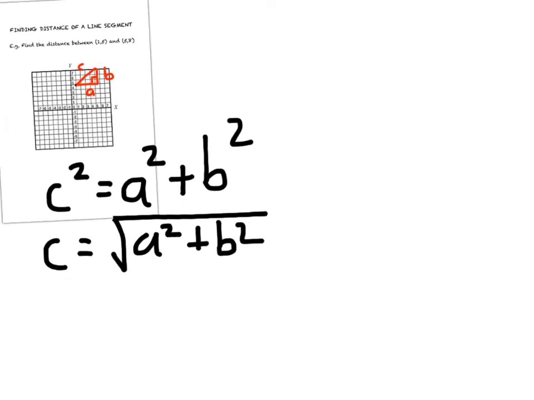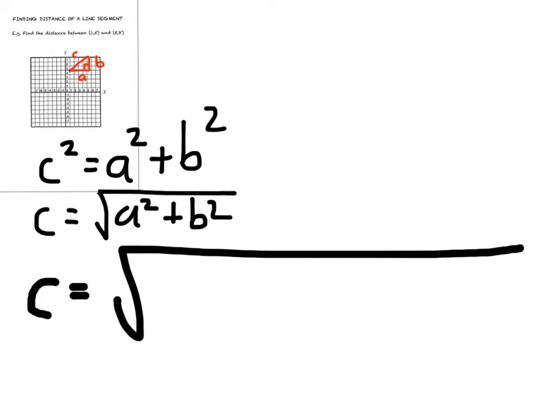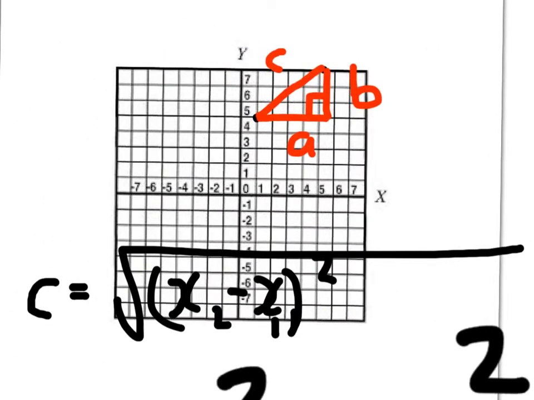Now, just a minute ago, we reasoned that a squared is the difference in the x-axis points. So in other words, c equals the square root of x2 minus x1, squared. Now don't freak out. This is just the difference in these x points.